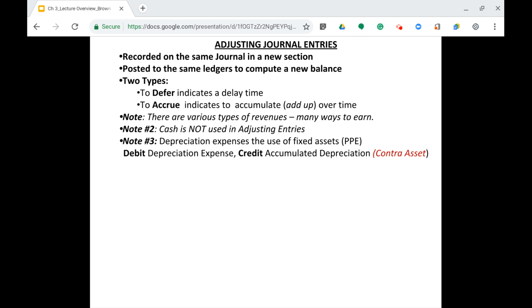You've accumulated those miles. There is a certain amount that you can use to write off those miles. So let's, for example, say it's 15 cents a mile and you use 10,000 miles. 10,000 times 15 cents a mile is how much you can write off for having used that truck to earn revenue. This is the matching principle.